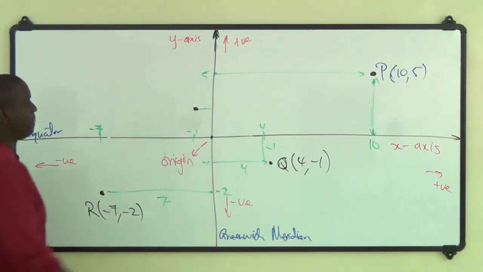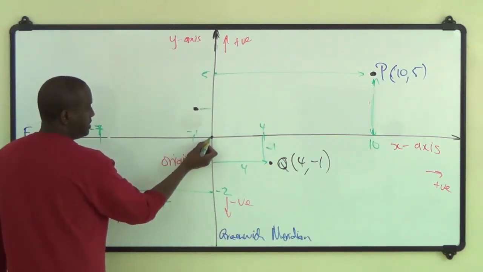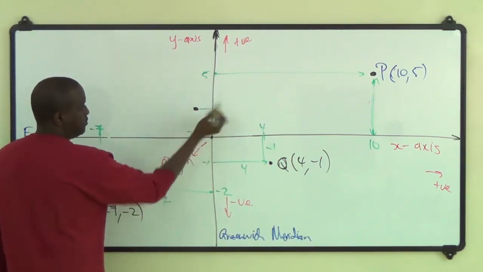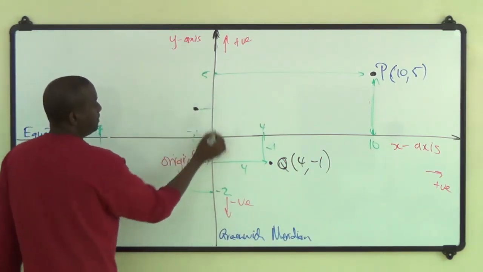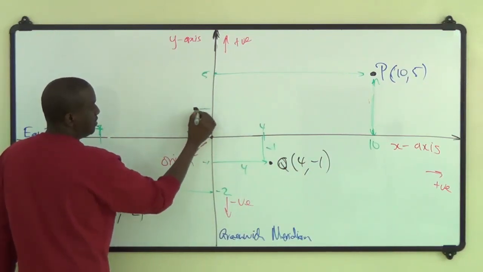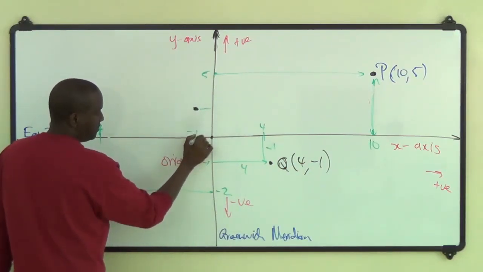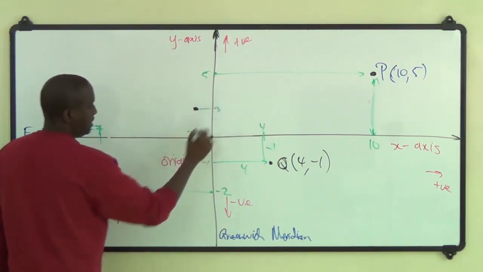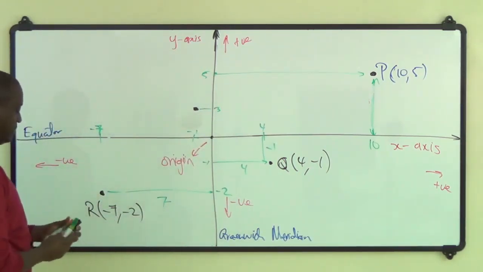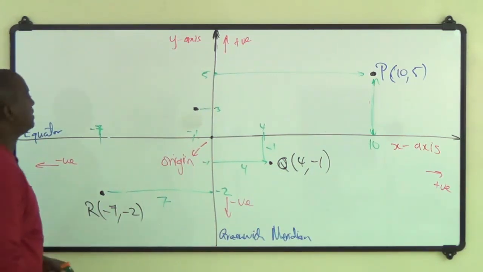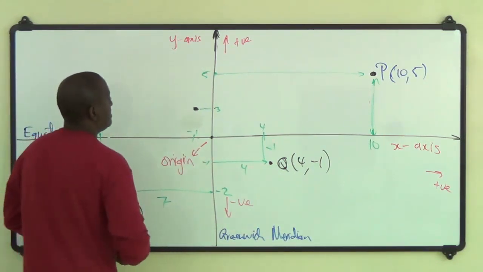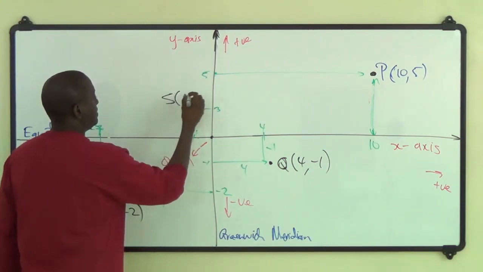And let us say the distance here is 3 up from the x-axis, so the point S will be the point S, brackets, minus 1, 3.